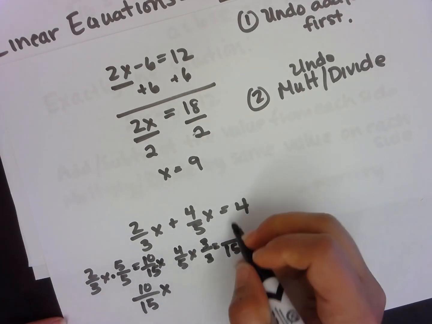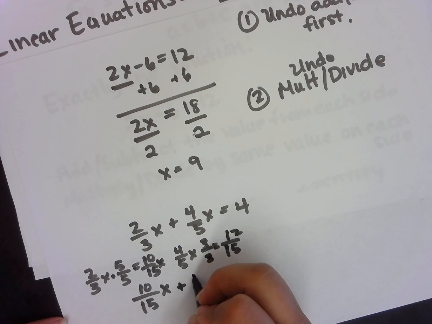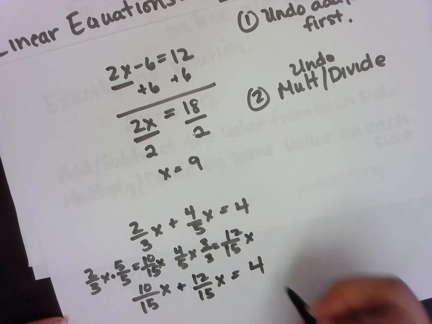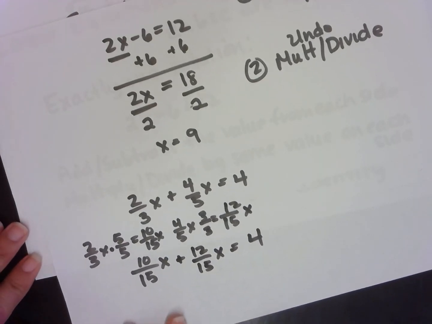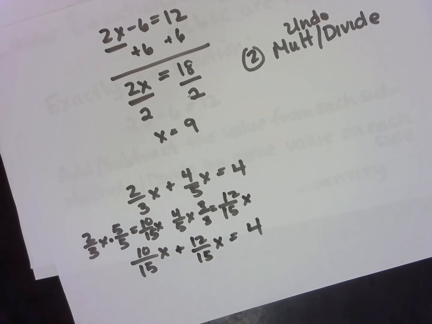So 4 times 3 in the top is 12, 5 times 3 in the bottom is 15, and I end up with plus 12 over 15 x equals 4. Now I'm probably going to have to change my 4 as well, but for right now I'm just adding the left-hand side.